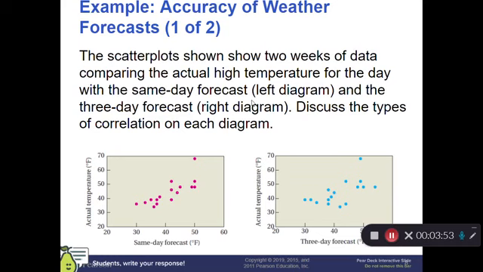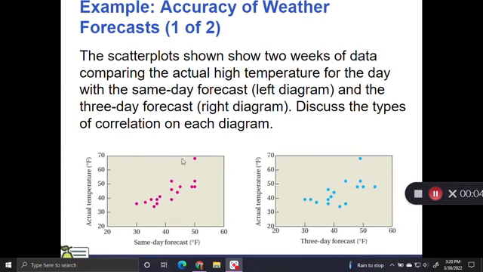This example is the accuracy of weather forecasts. We have scatter plots shown for two different situations. On the left we have the same-day forecast going from 20 degrees Fahrenheit to 60 degrees Fahrenheit, and then the actual temperature from 20 to 70. Over here we have a 3-day forecast going over the same range of temperatures.